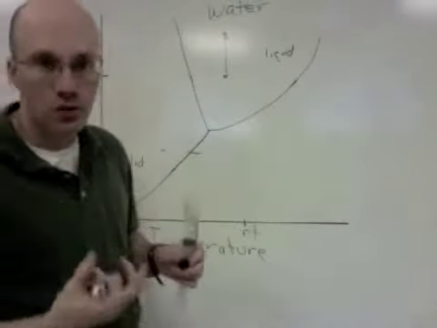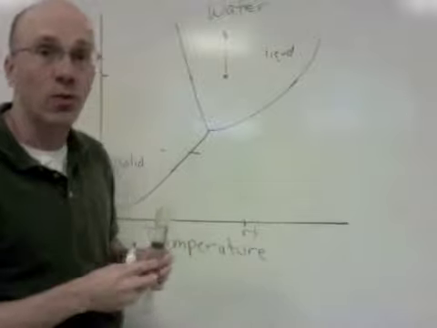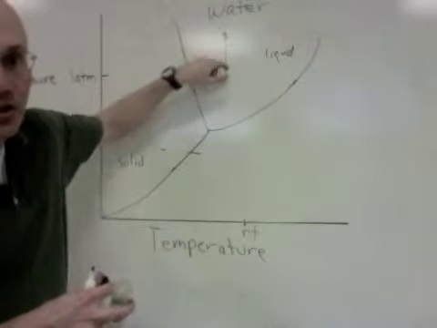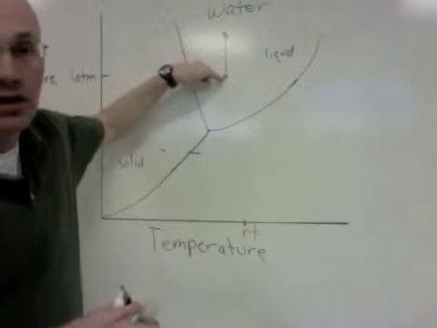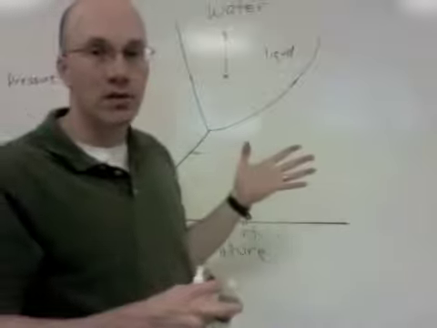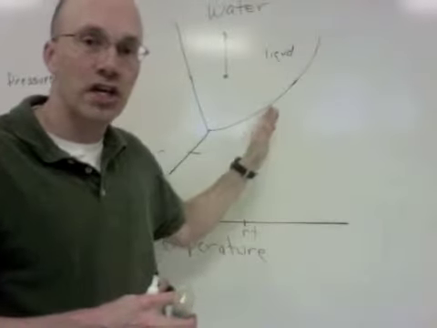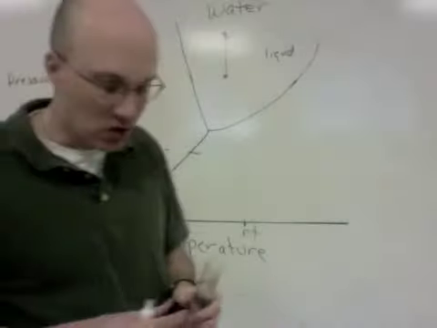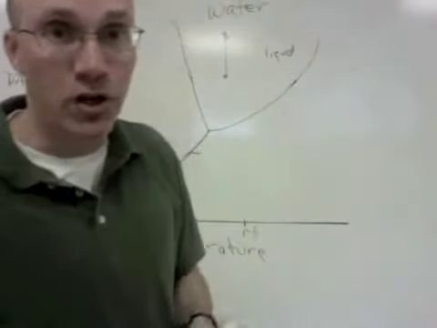So it was water before, it was water after. Why is that the case? Because there's been no phase change. It's gone from one section of liquid to another section. The only time you would expect there to be a change in the phase would be if it crosses one of these lines.